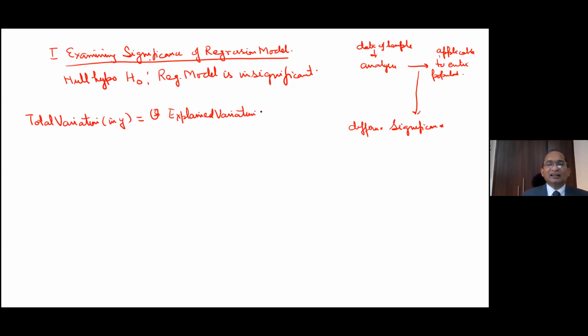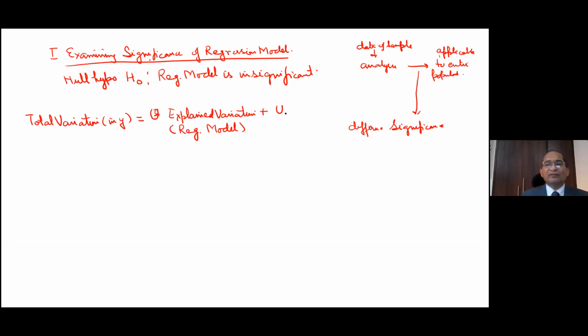Technically, this is the variation because of the regression model, which I have shown through x1, x2, x9. So this is the explained variation.